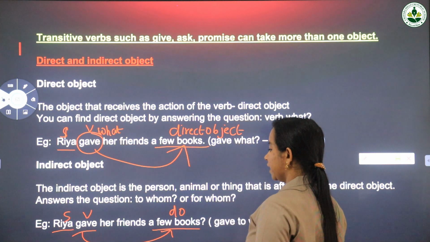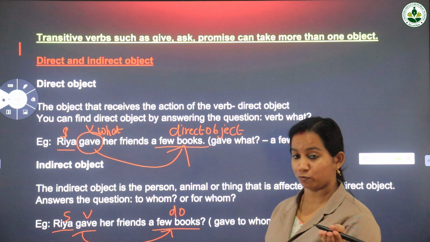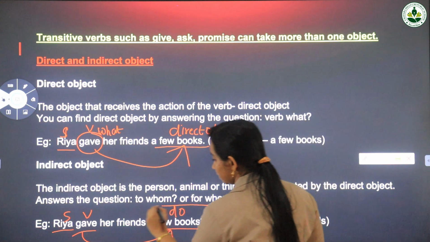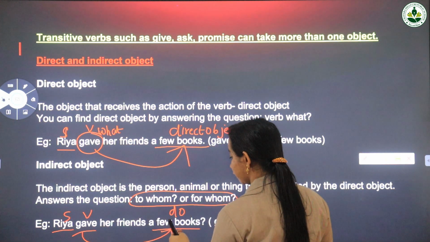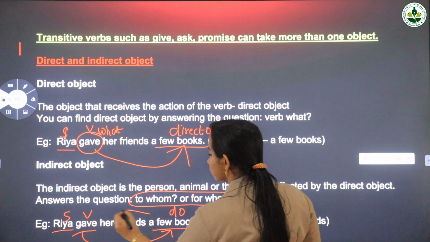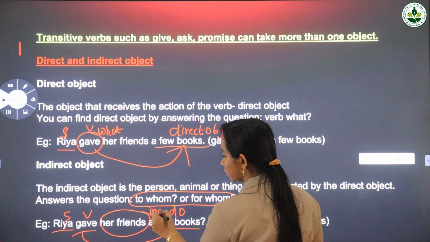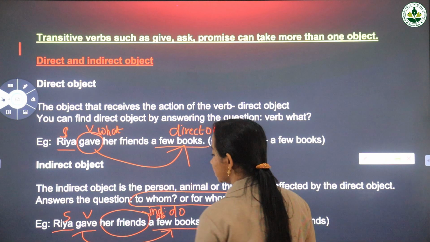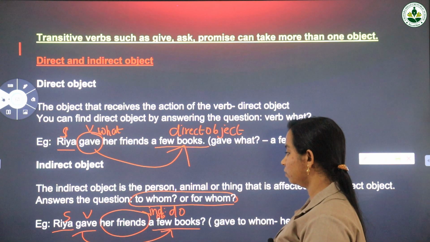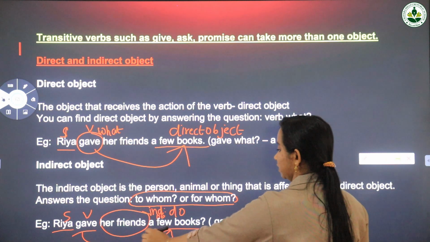And now you ask the verb to whom or for whom. You ask any of these two questions. Gave to whom? Gave few books to whom? To her friends. So we got the indirect object.